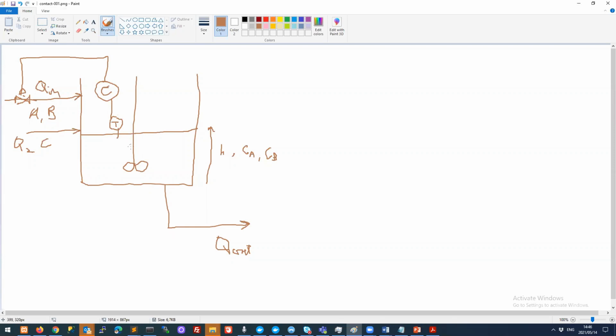Depending on the concentration of A here in your controller, this is going to receive a set point of A as well. Let's call that A set point. This controller is going to compare the A set point with the A actual.